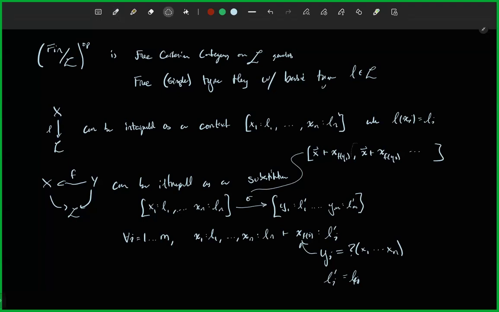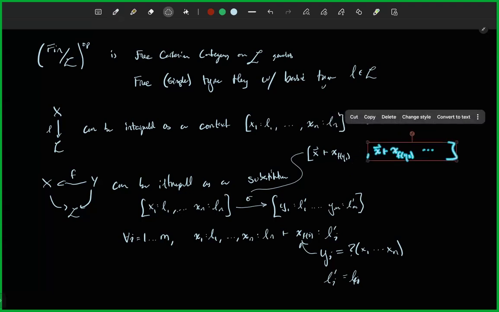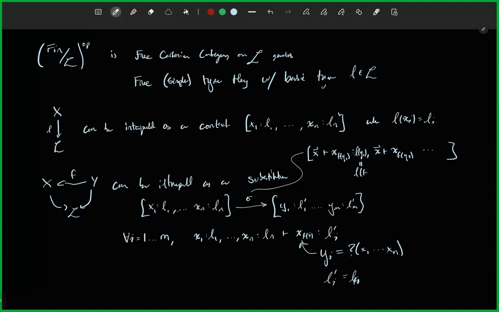I avoided the types, but I have to put them in. And this is in type L y1, and so on. And in order for that to make sense, we need that to be equal to L of x f of y1.